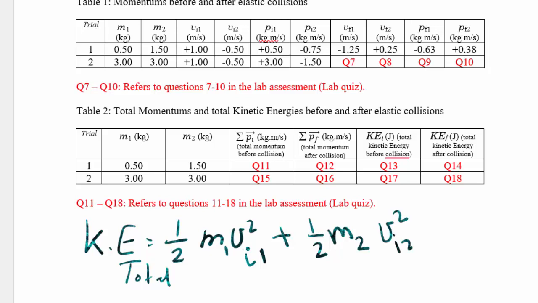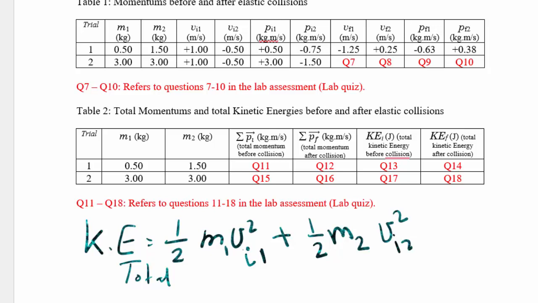So in order to do that, you'll take 1/2 times the mass of the first object, which is 0.5 kilogram, times the initial velocity of the first object, which is 1 meter per second, and square it.